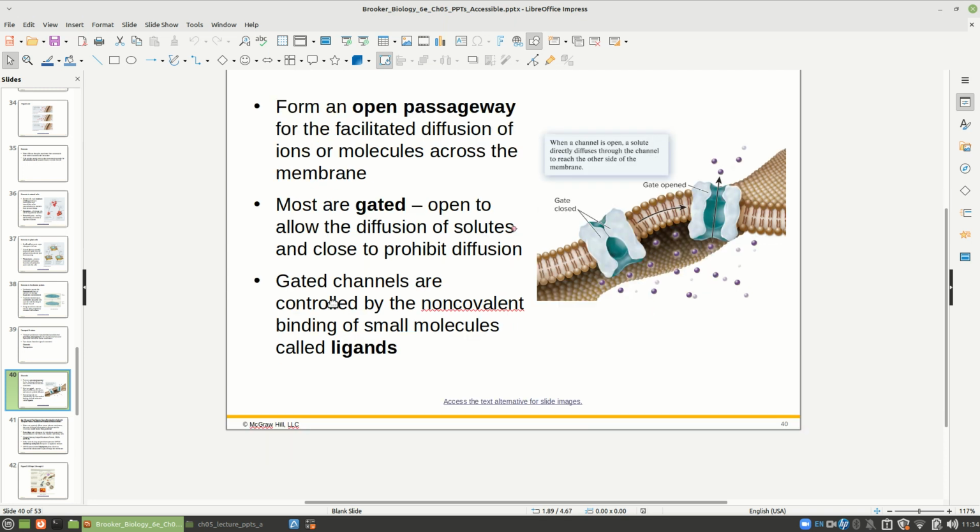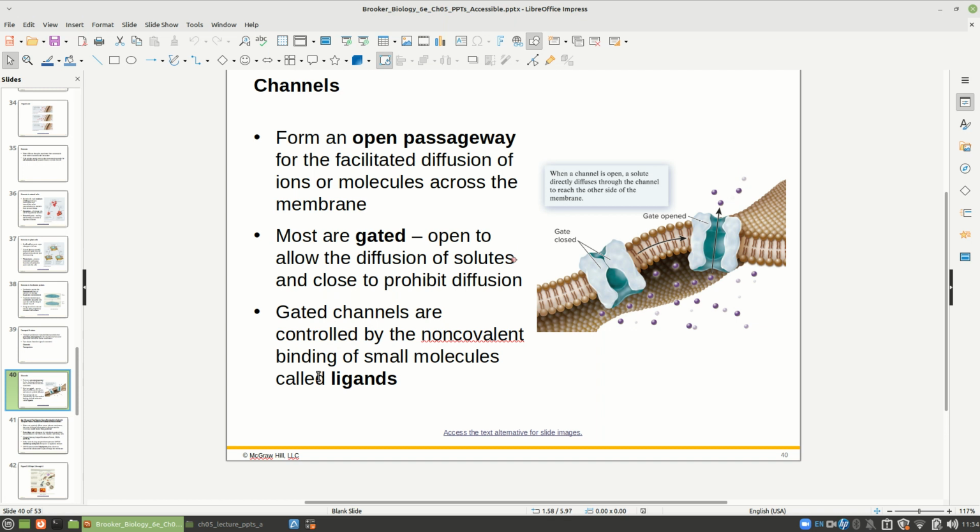Often there are non-covalent bindings, that means electrostatic, hydrogen bonds, that sort of thing, that can bind to these proteins. And when they bind, they can alter the shape of the proteins or make them move. And when they do, the channel opens and closes. And these small molecules that stick to the proteins are called ligands.